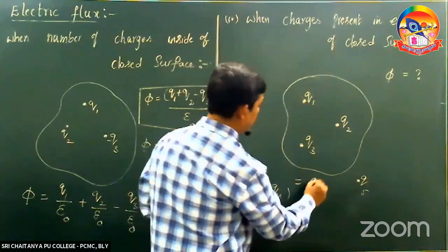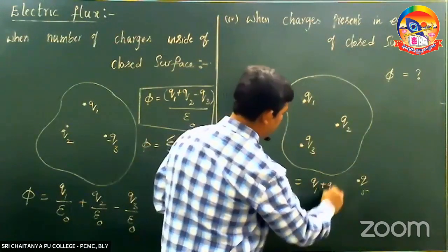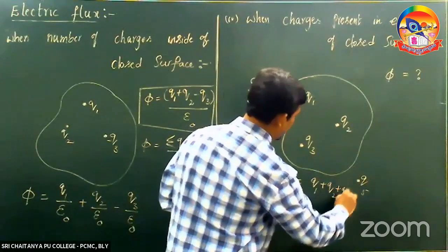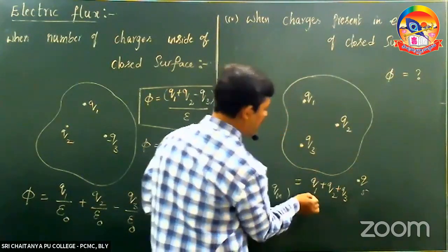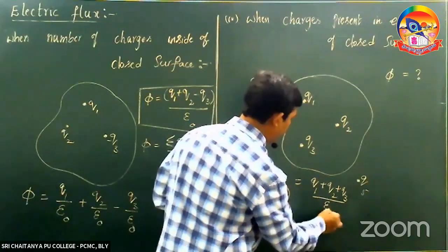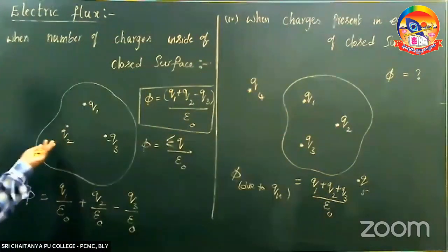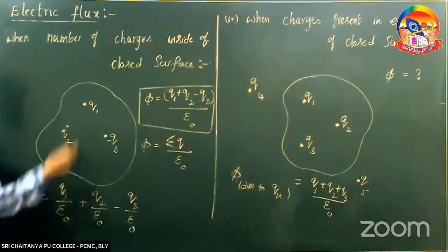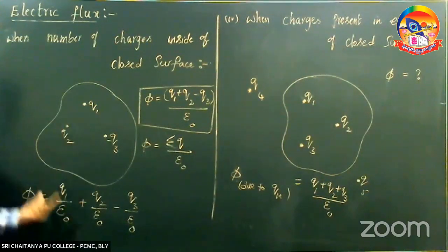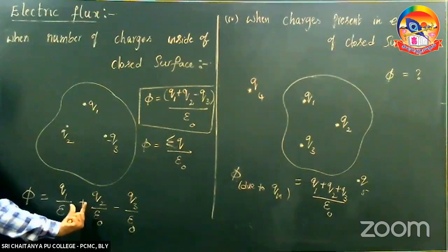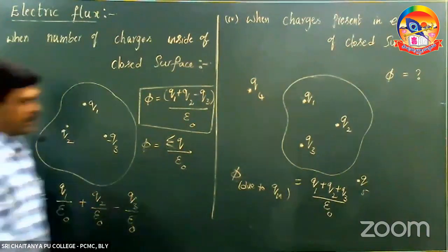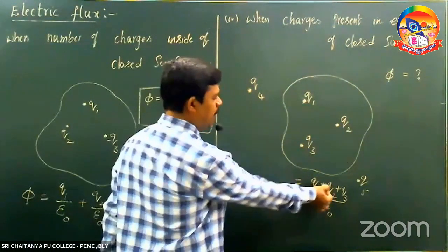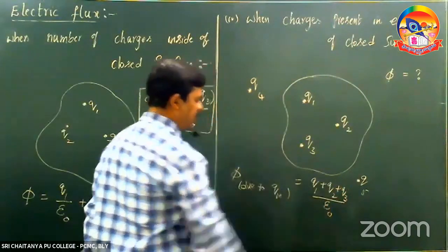We know it is Q1 plus Q2 plus Q3 by epsilon naught. Whenever it is flux due to inward charges, it is just the sum of the flux due to the individual charges. So is it not the same? Q1 plus Q2 plus Q3 by epsilon naught.